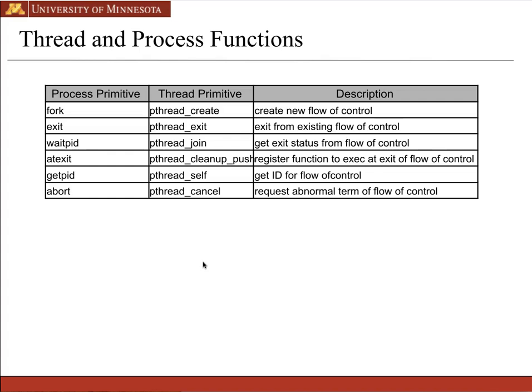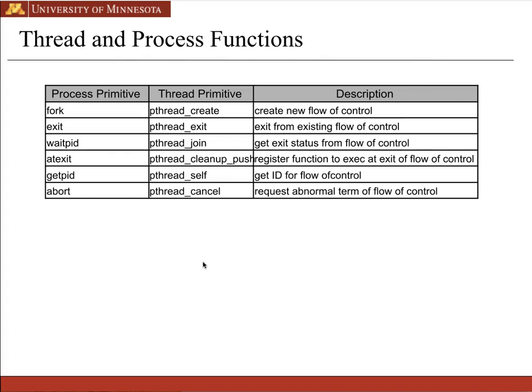So if you want to spit out something, truncate a log file, or send a message out to somebody, you can call these atexit functions. Threads have the same kind of idea: they have a pthread cleanup push and pop. It'll push things onto a queue, first in, last out, same kind of deal.